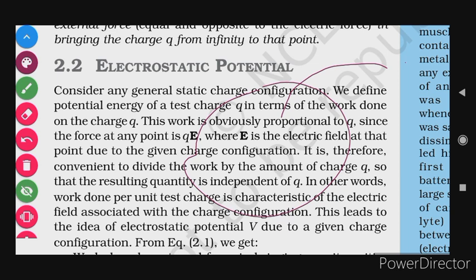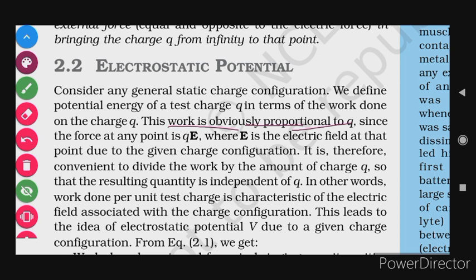If I am bringing it from infinity, and we generally take the potential energy at infinity as 0, then when I bring it from infinity to any point, the potential of that point is the work done in bringing the charge from infinity to that point. And this work is obviously proportional to small q.